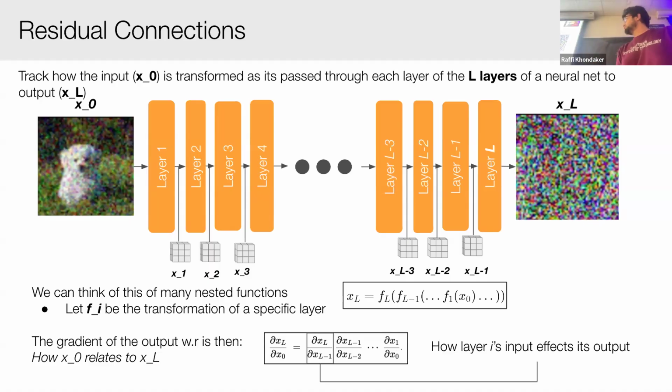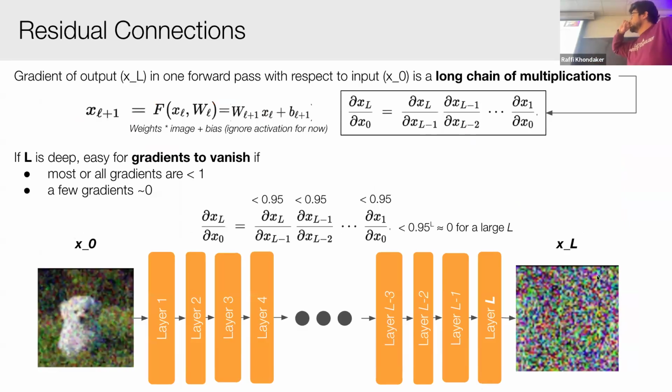What does XL over XL minus 1 mean? That means how layer L's input affects its output, in other words the change some layer had on its output. Does that make sense? So that's what gradients mean in this case: how each layer transforms its input.